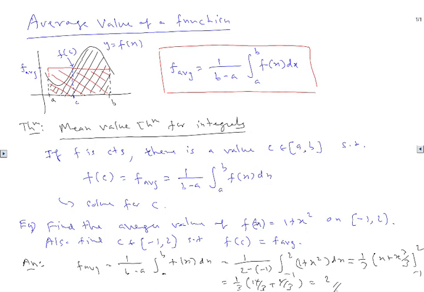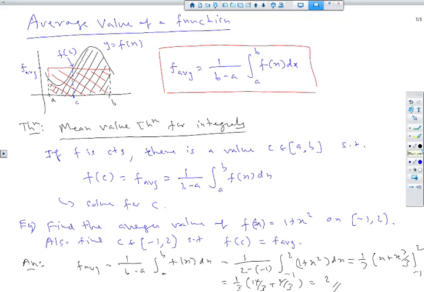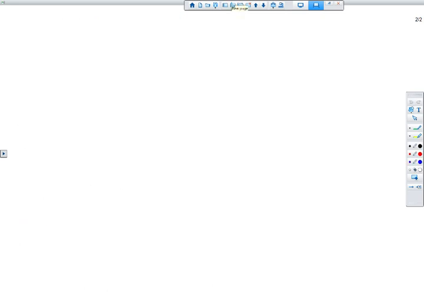Since we know the function, by the mean value theorem there is a c such that f(c) equals the average value. So c squared plus 1 equals 2, which gives c squared equals 1 and c equals plus or minus 1.